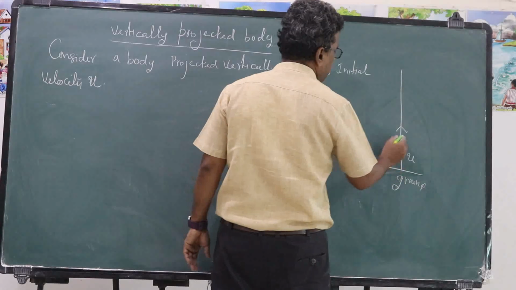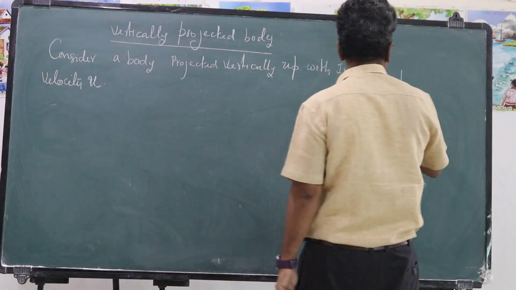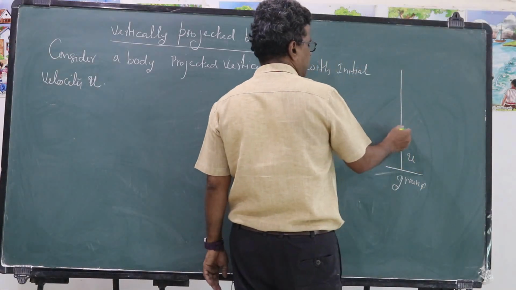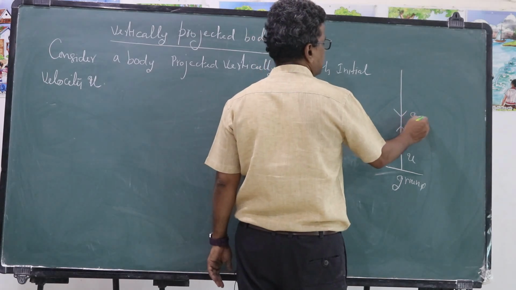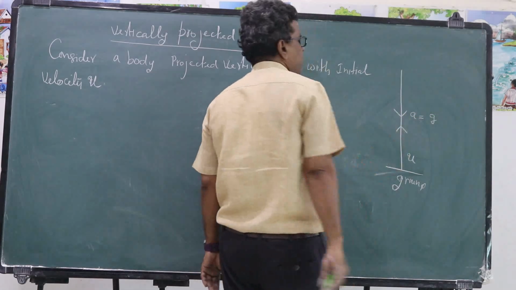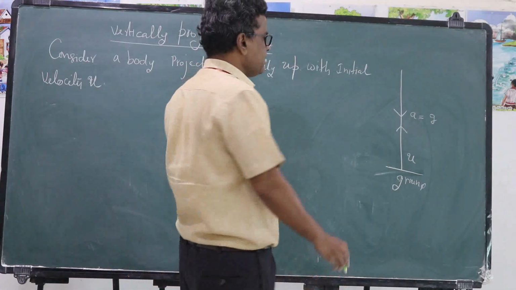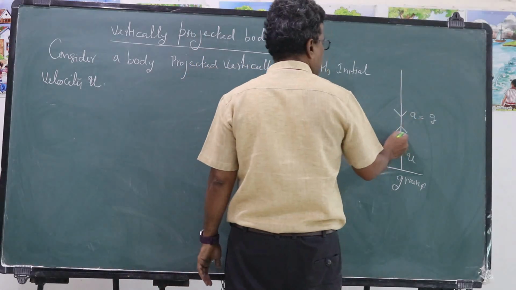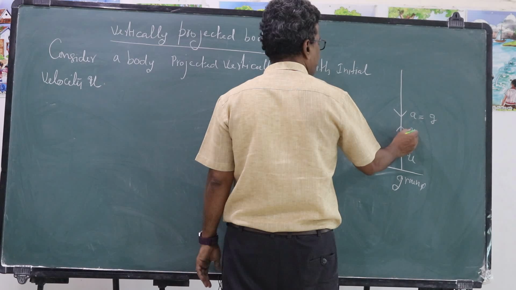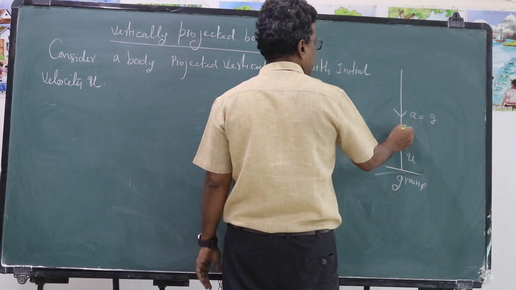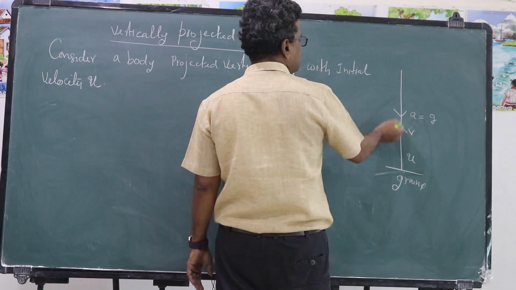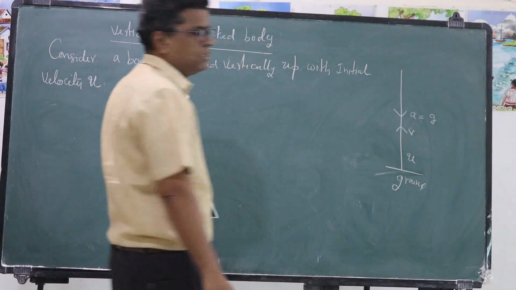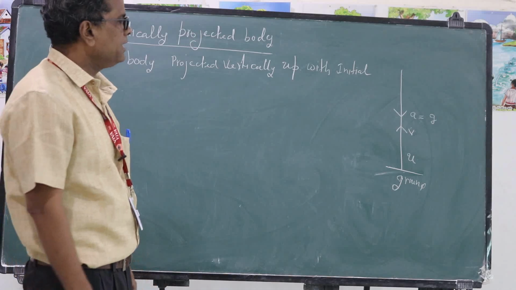So what happens? As it is moving against gravity, gravity is always vertically downwards. Acceleration due to gravity is g. It is always down. Velocity is up. So here the velocity, let it be v. Velocity and acceleration are in opposite directions, so the body is retarded.